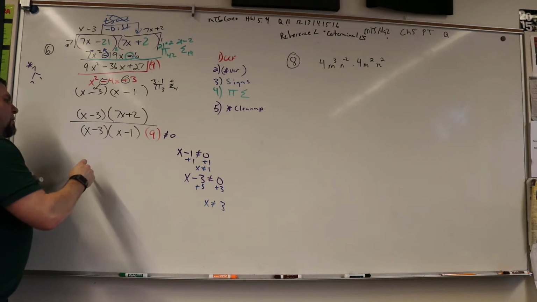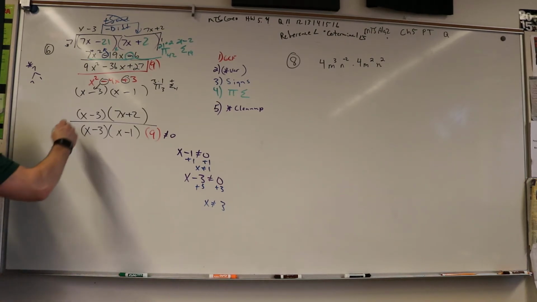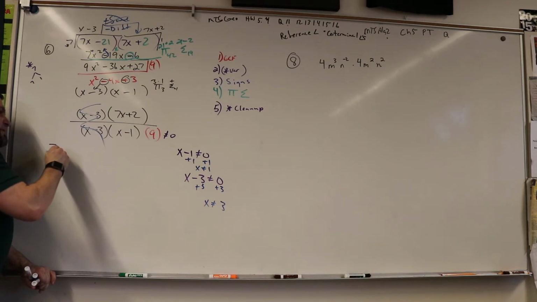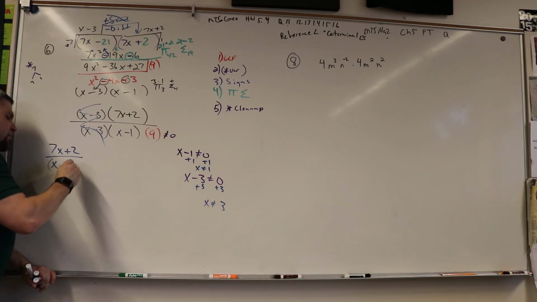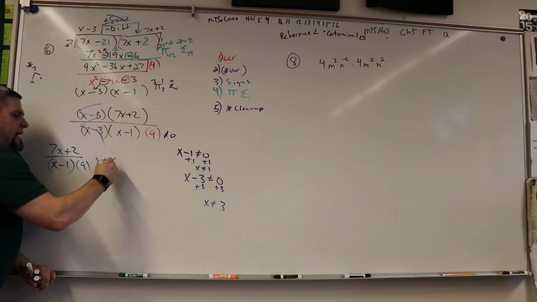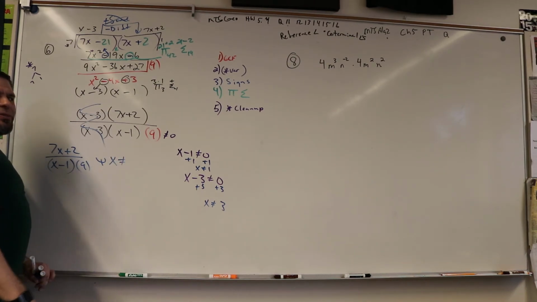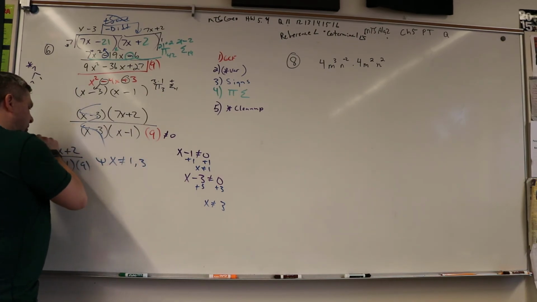So what's the same on the top and bottom? x minus 3. Gone. What's left? 7x plus 2 over x minus 1 times 9, where x cannot be 1 and 3.